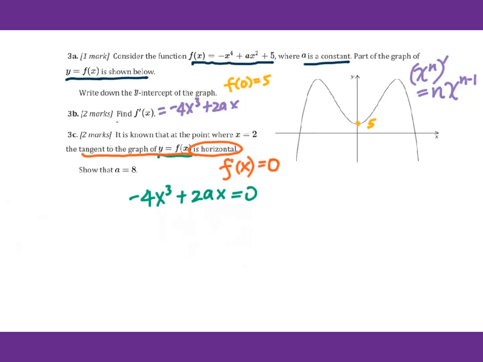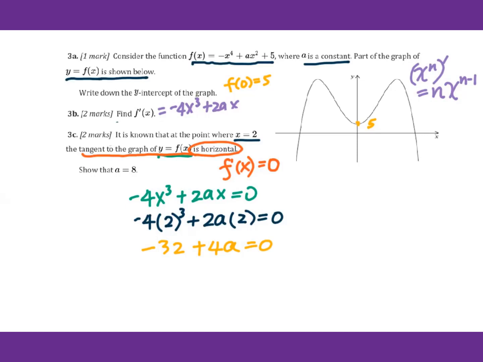We know that x equals 2, so we plug in negative 4 times 2 to the third power plus 2a times 2 equals 0. You will get negative 32 plus 4a equals 0.